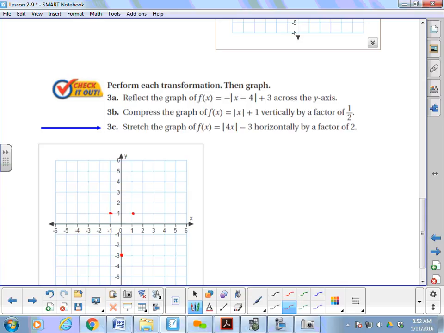What is the slope of those two? Anybody know? 4 over 1 and negative 4 over 1. Hey, look at this. There's the slope, positive and negative.